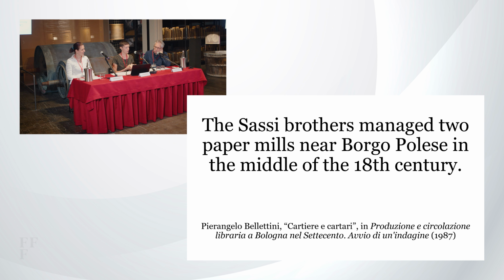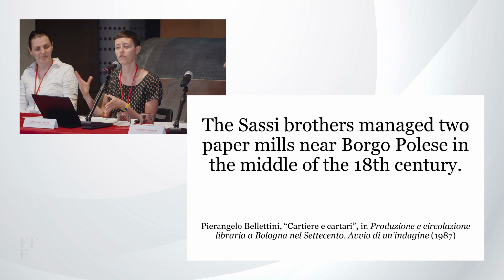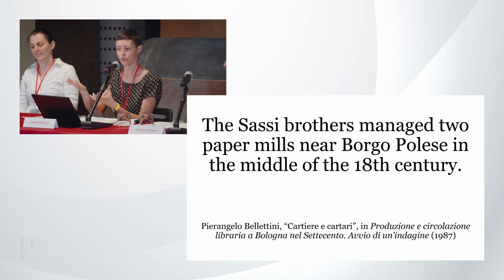And this family Sassi managed not only these Buca and Stradello paper mills, but they also owned the building in Via Accuse. So they owned the building which was the headquarters of the Speziali, and which would become later on the Tipografia Merlani.